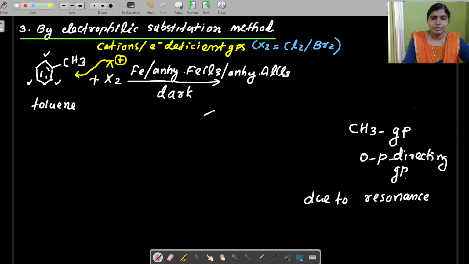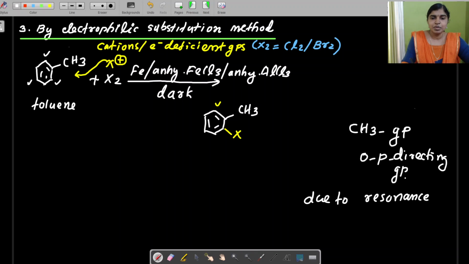The one product in which the halogen is present in the ortho position, that is here CH3, and the halogen is substituted either here or here.